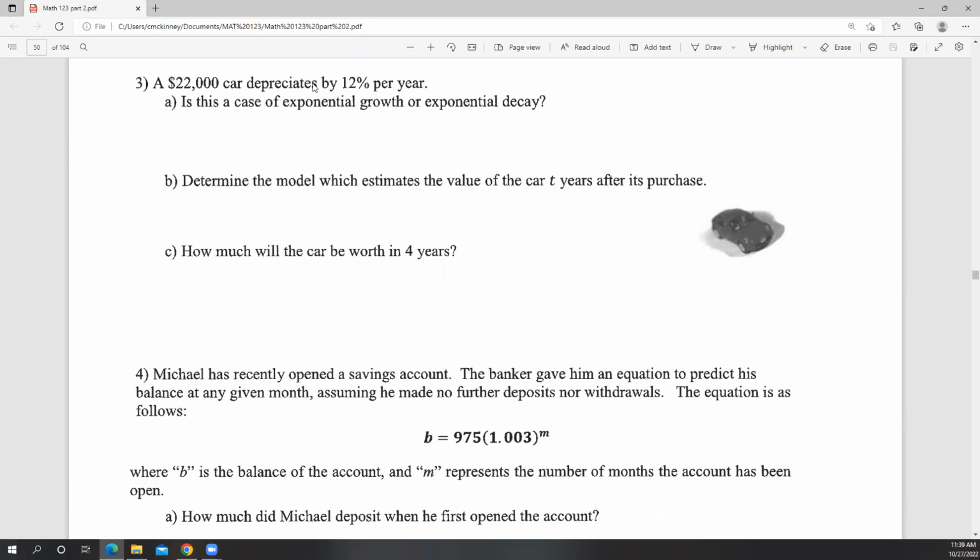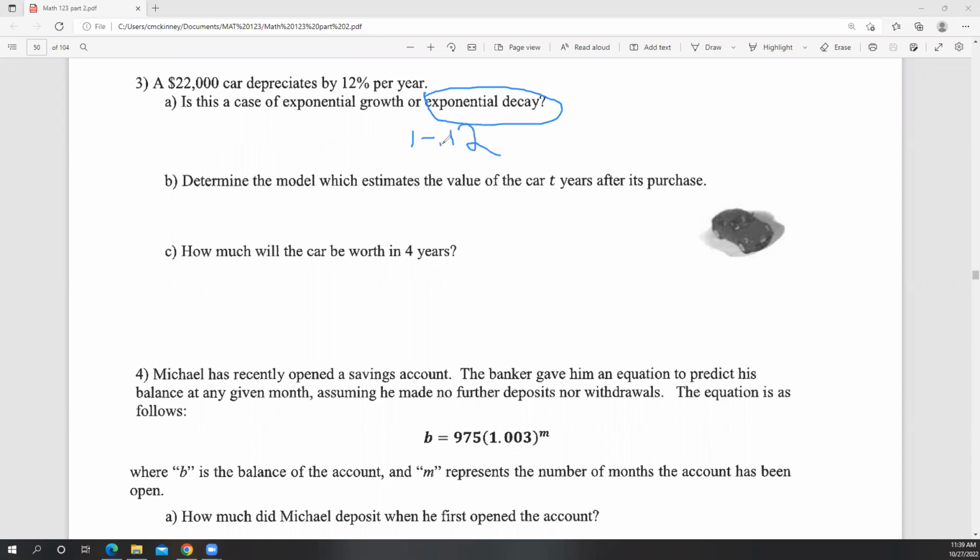So pay attention to the wording to decide if it's growth or decay. Depreciates. So depreciates means the value is going down. So this is decay. And then don't forget, this is 1 minus the 0.12. Don't just use the 0.12.